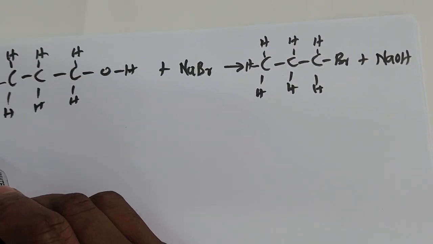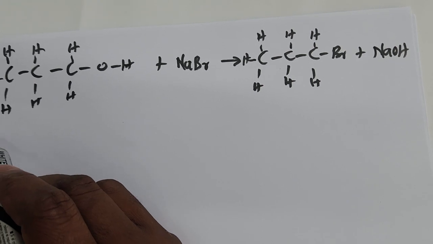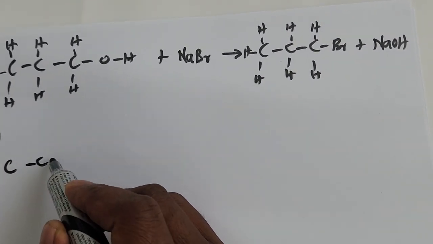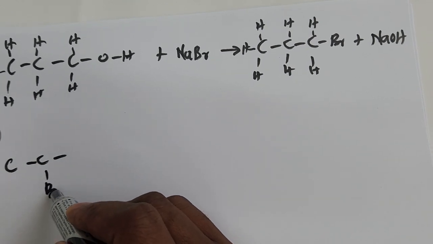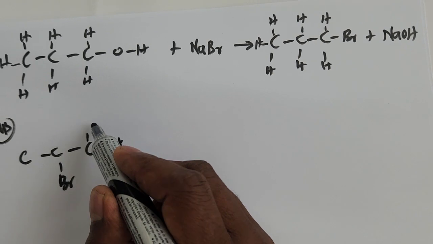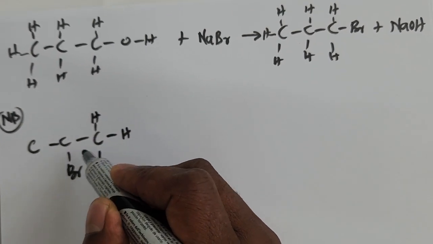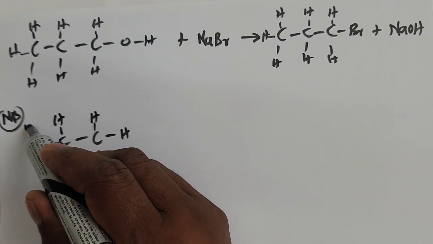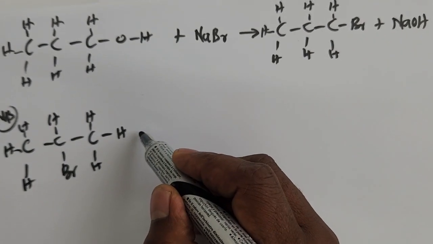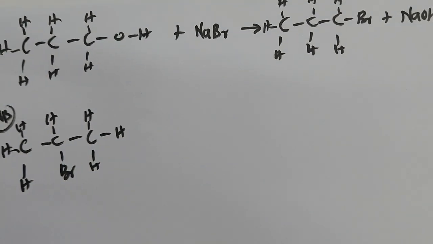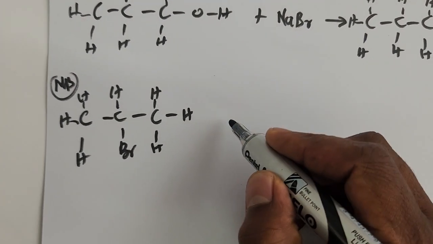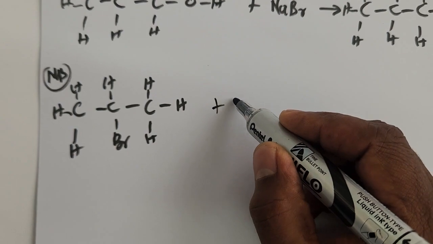The last one, which is very important, is where we have a haloalkane, let's say 2-bromopropane. It has to react with a strong base.